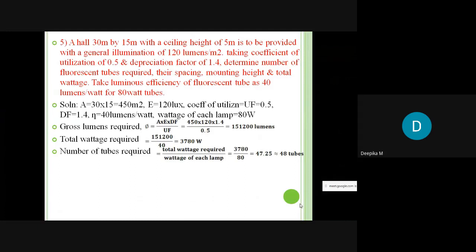Usually we will take even number of lamps, but here they have rounded off to 50 tubes. So let us take total lamps as 50, because if you increase the lamps then you will get better illumination, because it is a hall also.